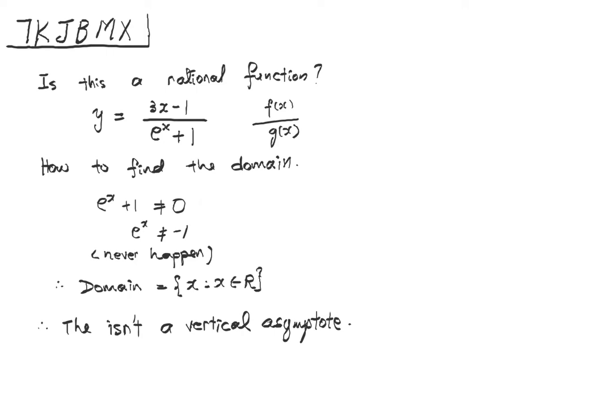Some rational functions usually have a vertical asymptote, but not all. Am I right? But if I talk about natural log function, definitely there is a vertical asymptote. Am I right? So we have to be very careful. Do you get me?